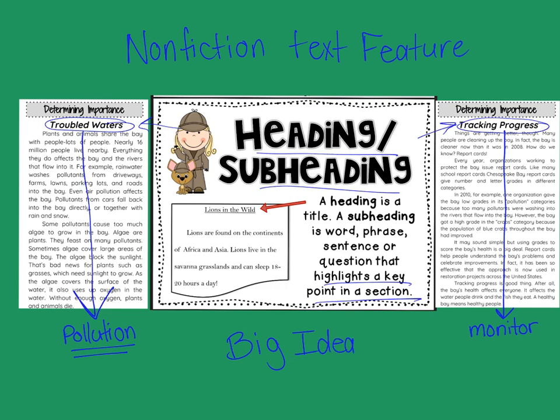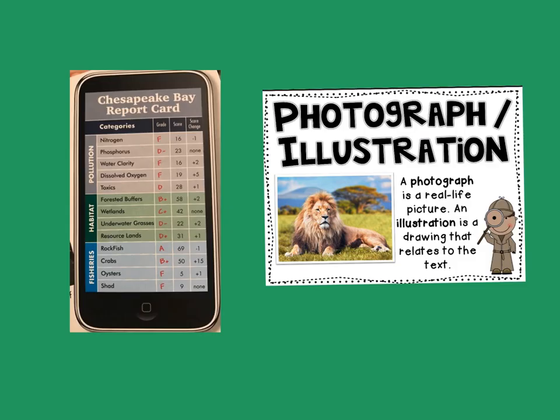And so that's how a heading or a subheading can help us determine a big idea of a part of text or a section. Now, another great feature that we find often in informational or nonfiction texts is the use of photographs or illustrations. They're real-life pictures or drawings, and they relate to the text.